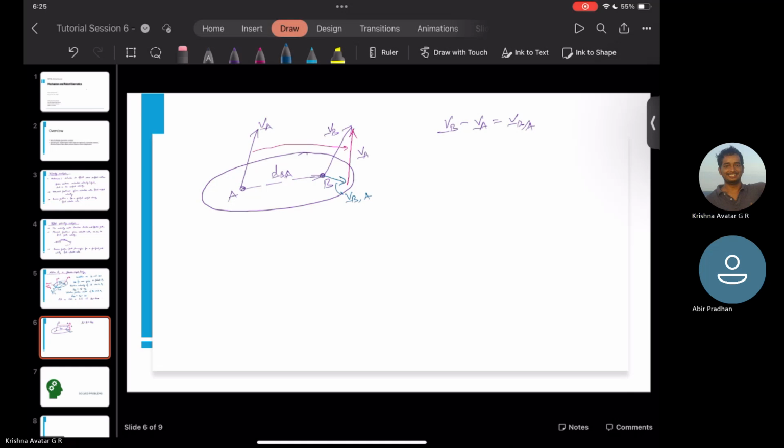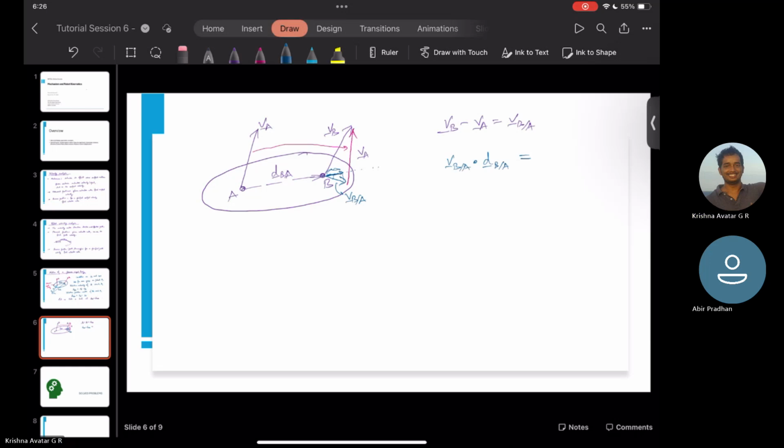Now say we extend this DBA vector like this, and we find in the schematic that when we have VBA dot DBA vector, there is a certain component. So the dot product will give this quantity here, some length.